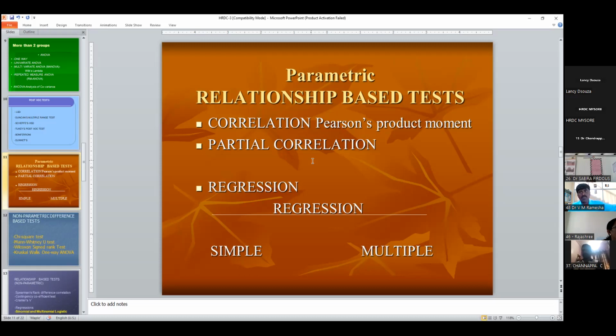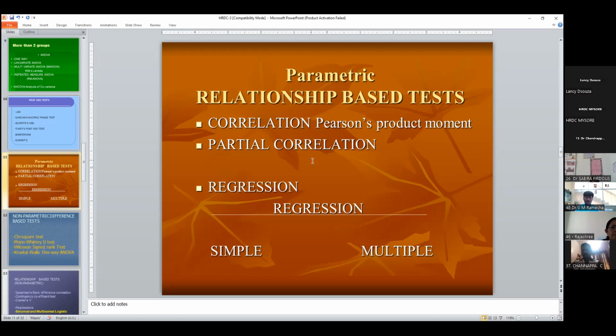It is usually required to control or balance the effect of other variables which are not necessarily included in the data collection process or in the research protocol, but you get to know that they have influence over the end product or the outcome. In such cases, you apply a test called partial correlation rather than simple correlation.